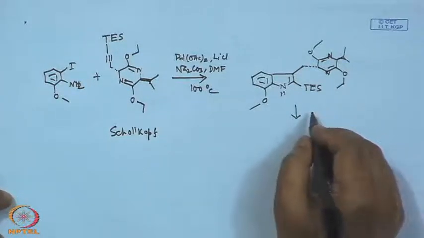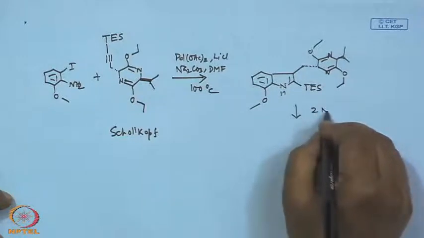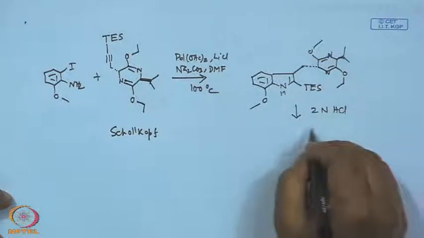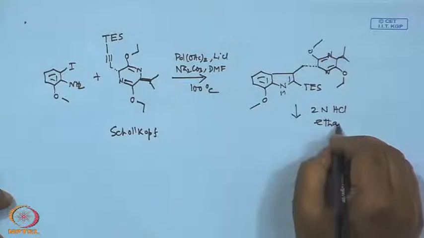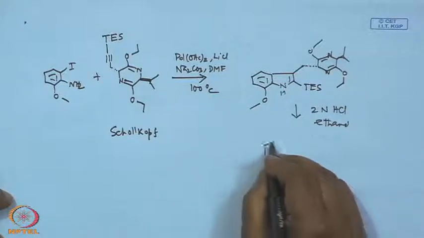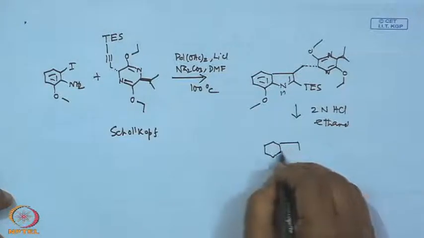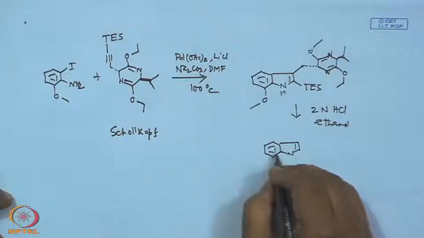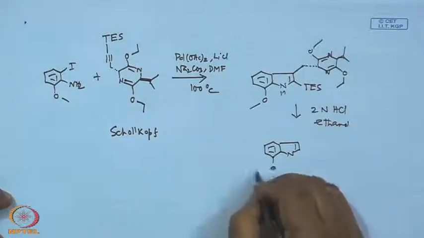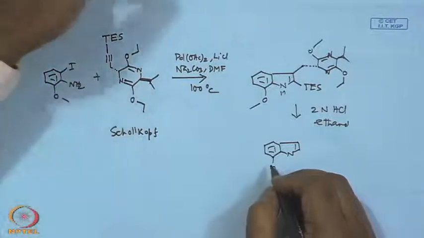And what next? If you just treat it with 2 normal HCl in ethanol, of course, the indole ring is pretty stable. There are three things which take place here.